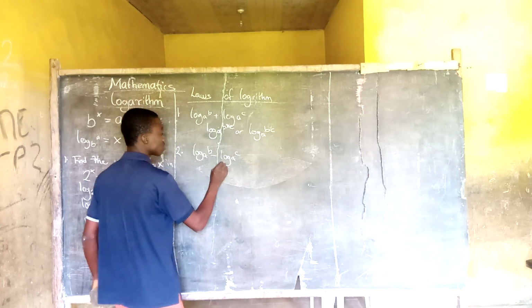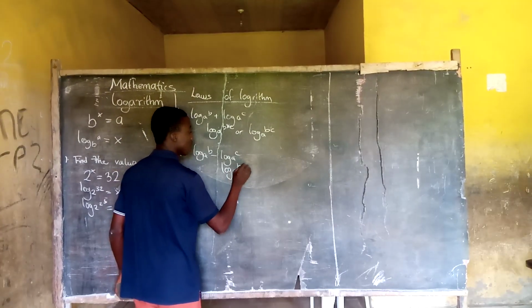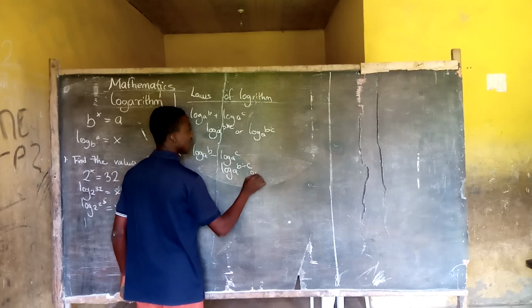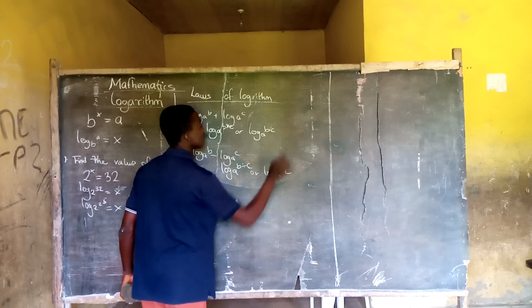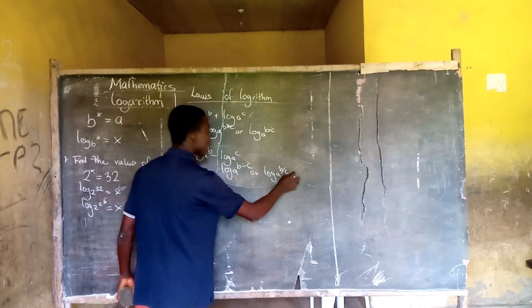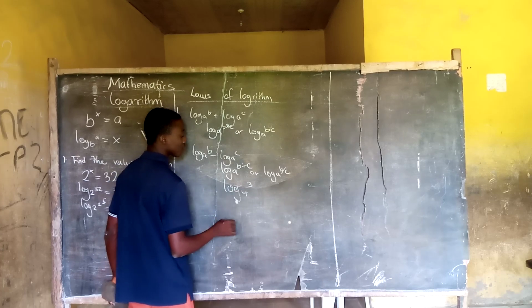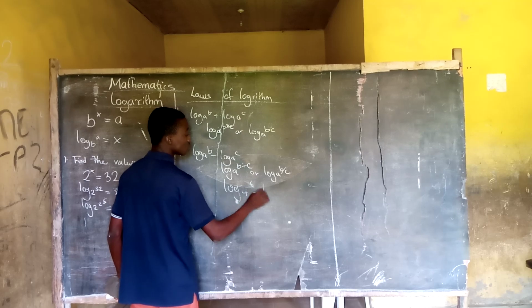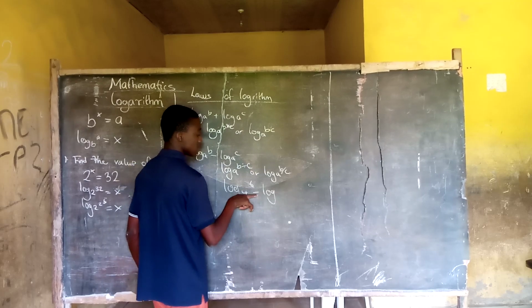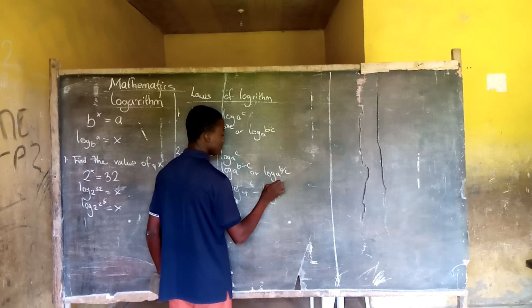So this is going to be log to base a to power b divided by c, or I can have this as log to base a to power b all over c. A similar occurrence happens when we have log to base 4 to power 6, then minus log to base 4 to power, let me use 12 here.